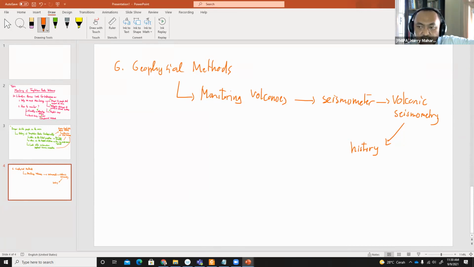What is the first monitoring? When was the first volcano monitoring conducted in the world? And then when was the seismometer applied in the environment of Indonesian volcanoes? For example, history in the world, and then history in Indonesia. And what is the present development?